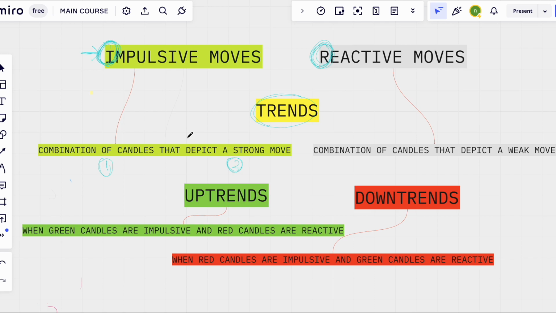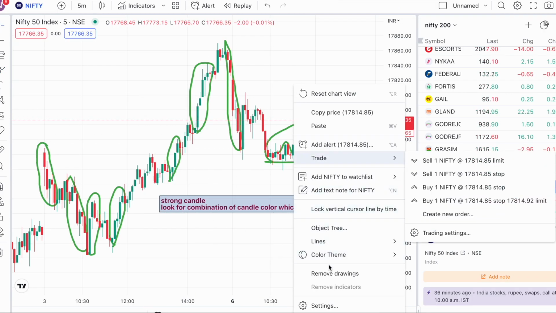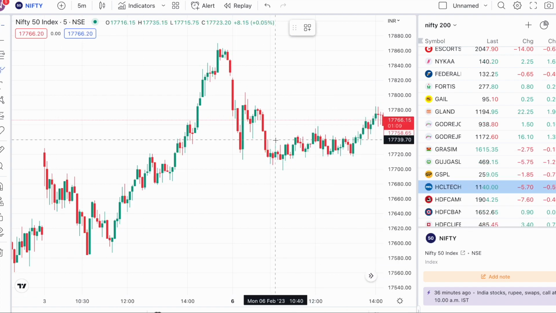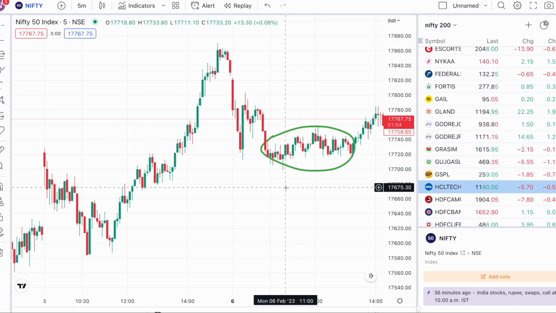Now let's move on to reactive moves. So what is a reactive move? A reactive move is a combination of candles that depict a weak move, which means there should not be any strong candles in a reactive move. If you can see on the screen, in the example I just gave you, there are no strong candles, no combination of strong candles as such over here, which means it is a reactive move.